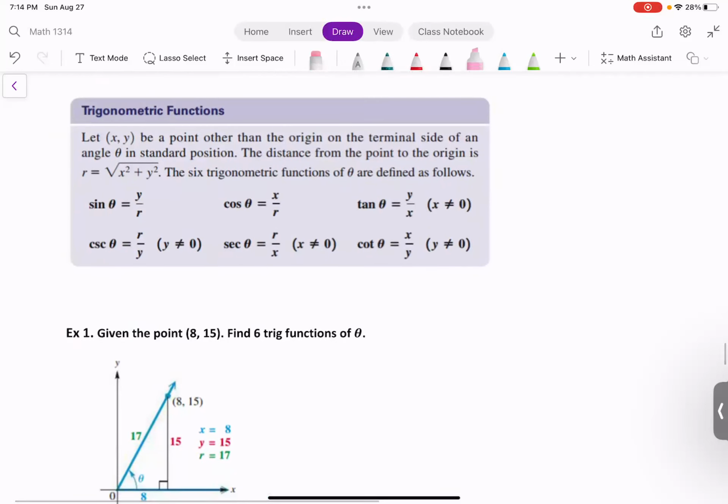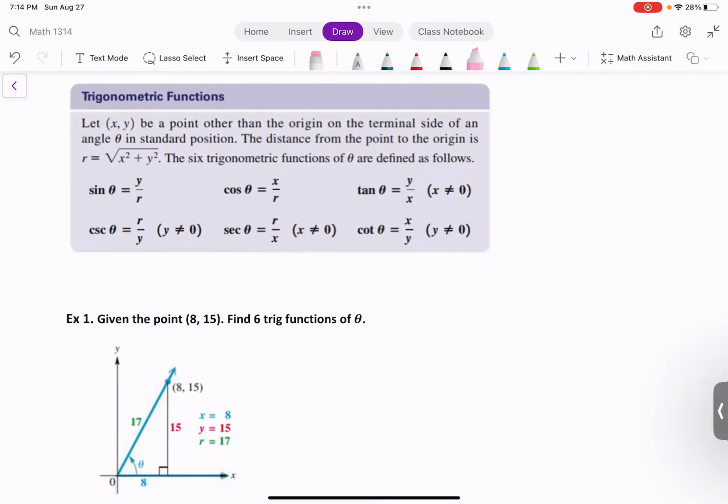All right, trigonometric functions. Now we are learning something important for this subject. I'm introducing 6 trig functions: sine, cosine, tangent, cosecant, secant, cotangent. These 6 functions can be represented by x, y, and r.